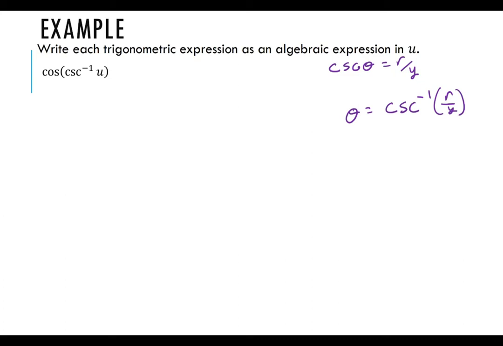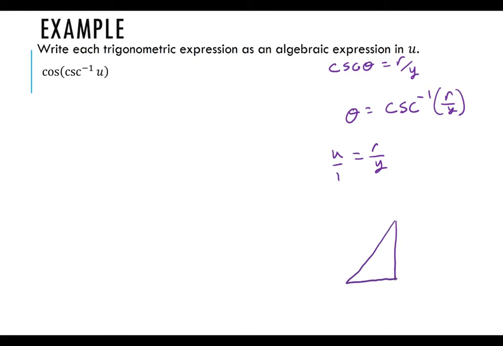Alright, so what do they tell us? They tell us that cosecant inverse of u is really this thing. And so I can say, okay, well, if u is equal to r divided by y, I can consider that this is u over 1, and so I have r over y. That means that r is equal to u, and y is equal to 1. I can draw a picture.